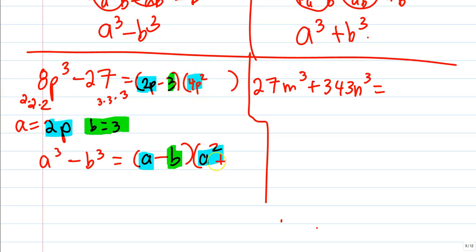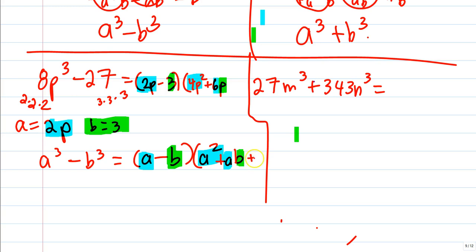Negative means the middle will be positive, AB. That is positive 2p times 3, so positive 6p. Once again, the A, and then the B. And then what goes at the end?